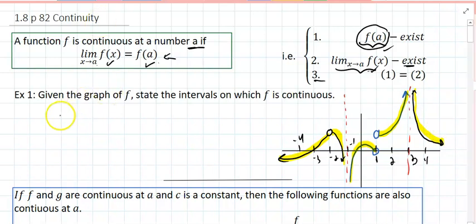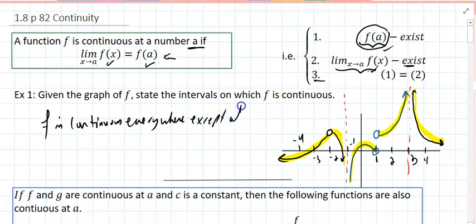So I could say f is continuous everywhere except at x equal, I notice at -2 f of a does not exist.